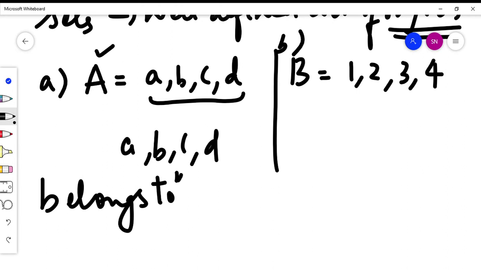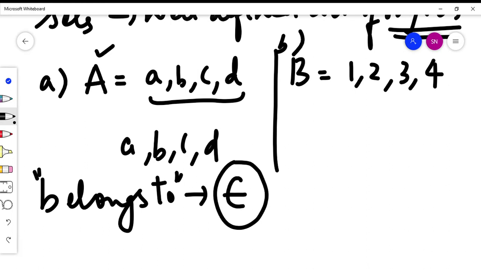Belongs to is symbolically represented by epsilon. This symbol is called epsilon, and it represents belongs to.